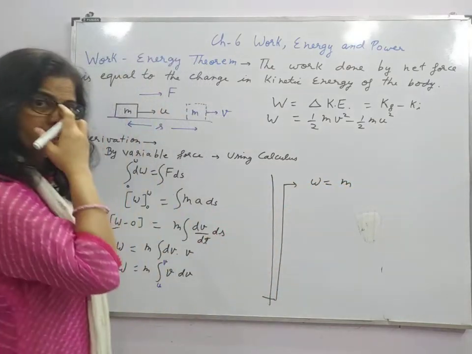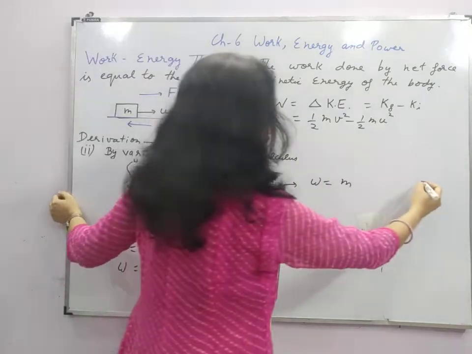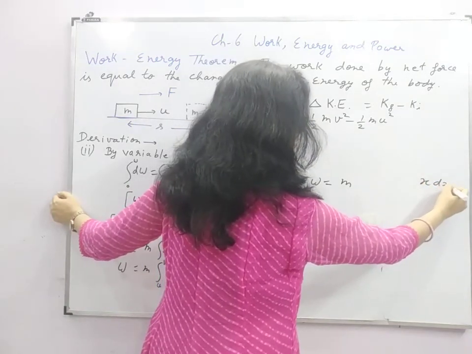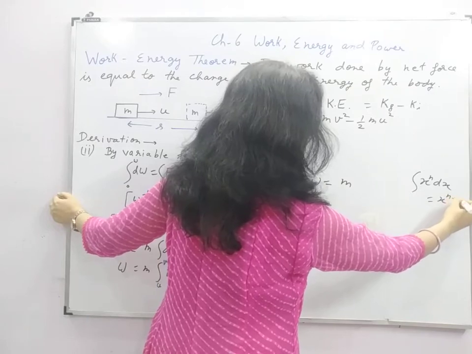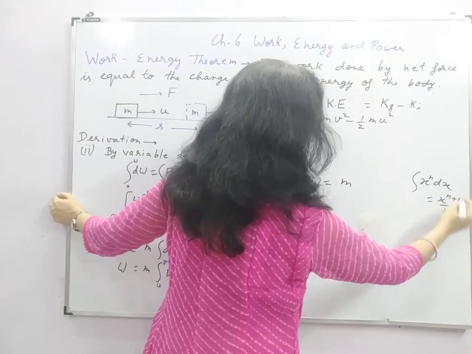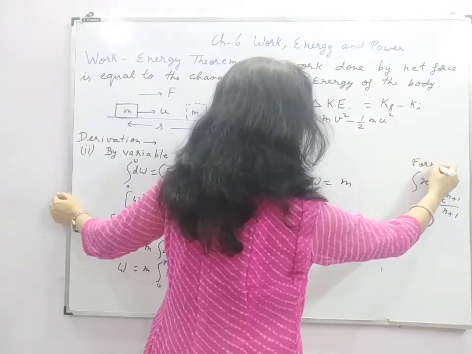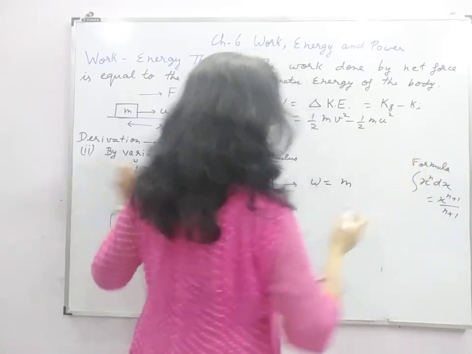m. What is the integration of v? We know that the integration of x to the power n is x to the power n plus 1 by n plus 1. This is the formula, right?